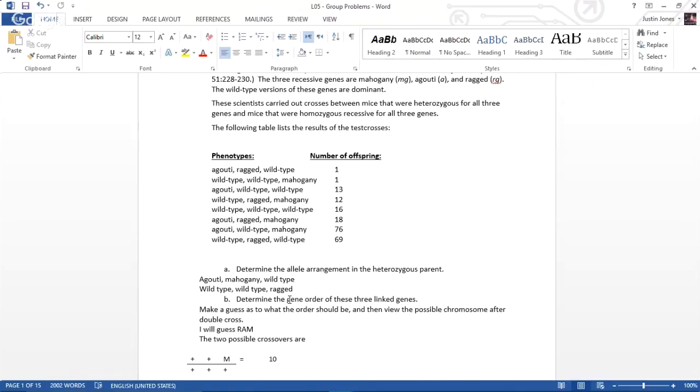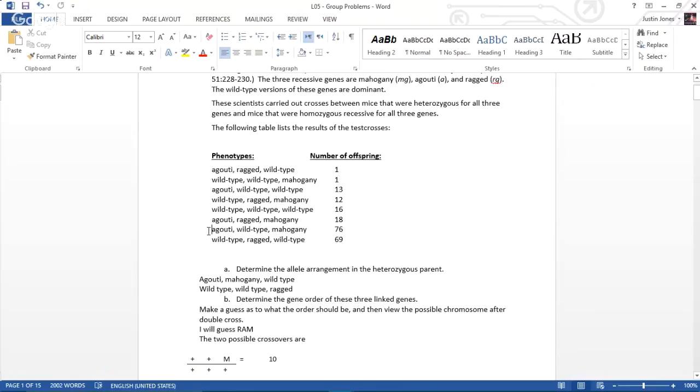So what I did is, even though I wrote down here make a guess, I actually kind of thought ahead in my mind. So I know that these are going to be the smallest representatives because they're the smallest ones. So what I did is I would compare these two, the largest ones, against these two, the smallest ones, and I'd see what one gene change would make these statements true.